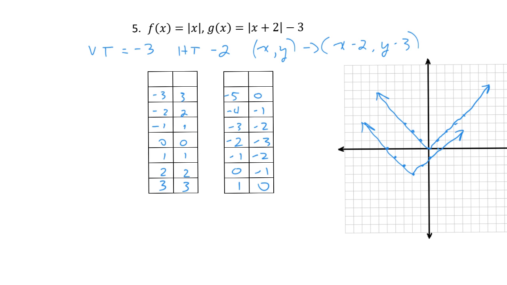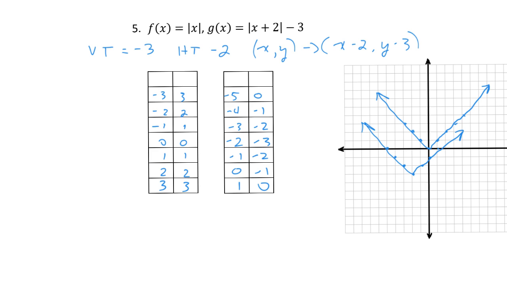So this is the first example where hopefully you're starting to see the power of being able to recognize transformations and using a mapping rule. Because for the other ones, like the absolute value of x minus 2, it would have been pretty quick to just calculate the new table of values.